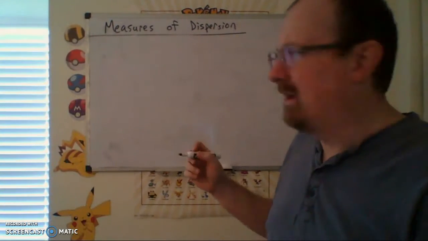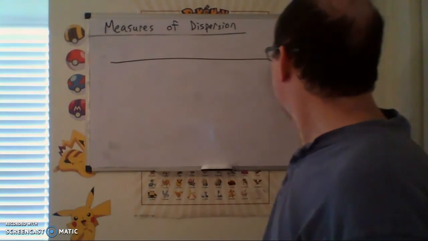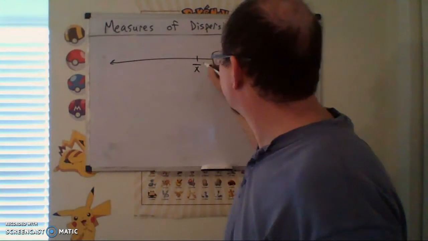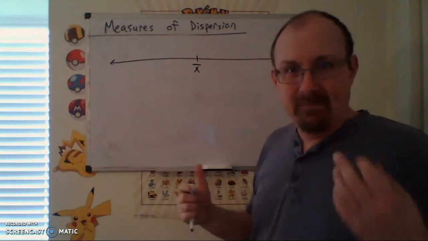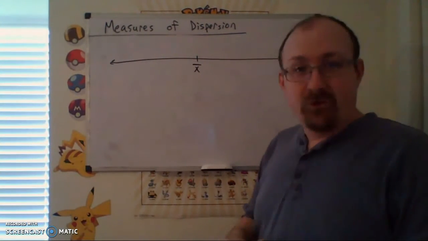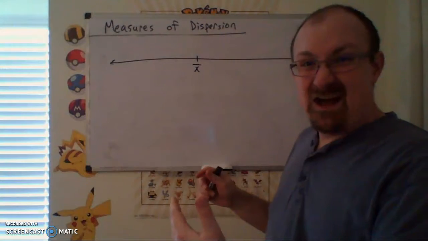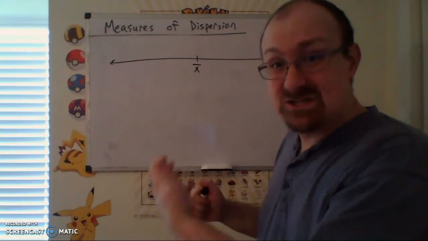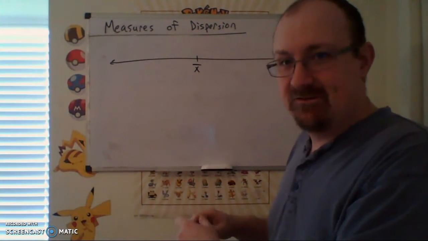It's probably better if I draw a picture for this. So I'm going to draw a number line out right here. And imagine sitting in the center, we've got our mean, x bar. What we're going to do is sketch this out using brackets, and we're going to measure out how wide those brackets are based on our data set's standard deviation.